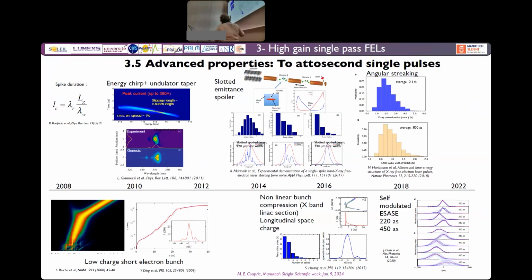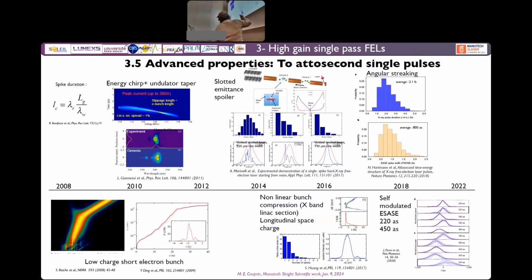So you see that in that case, this is the type of energy distribution. And you see here the spike in current of the electron beam for this longitudinal compression with this X-band cavity. So then as the gain goes with the electron beam density, we will have gain only in this spike.